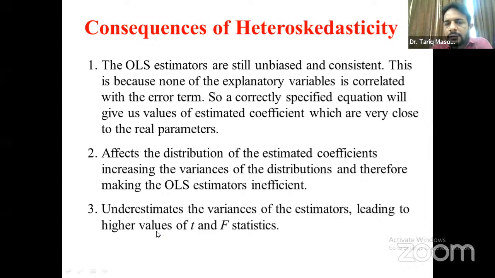Generally there is an increase in the denominator due to heteroscedasticity. So due to the increase in the denominator, there will be underestimation of the calculated value. You will get a lower calculated value, less than the true t value.